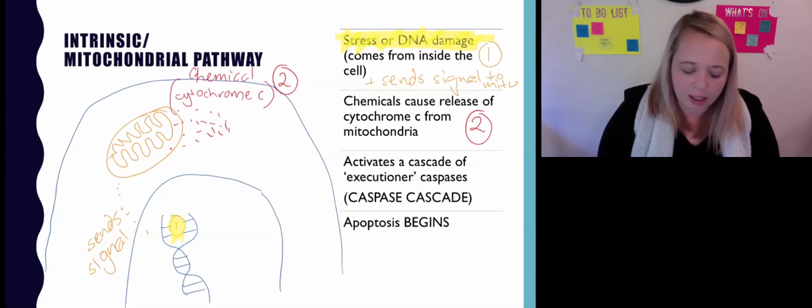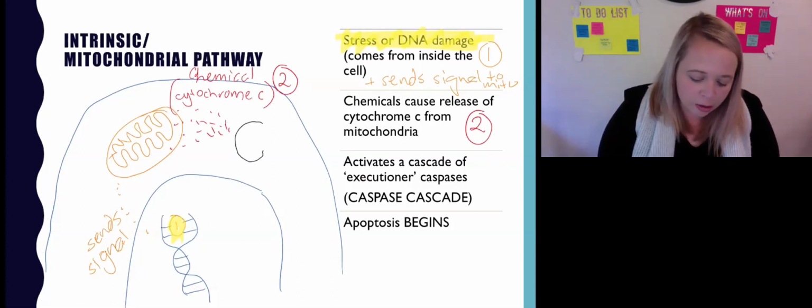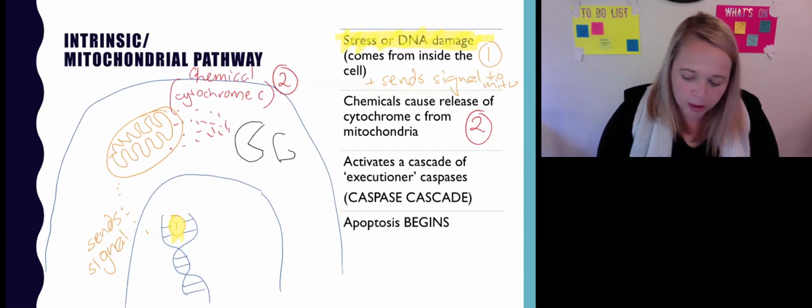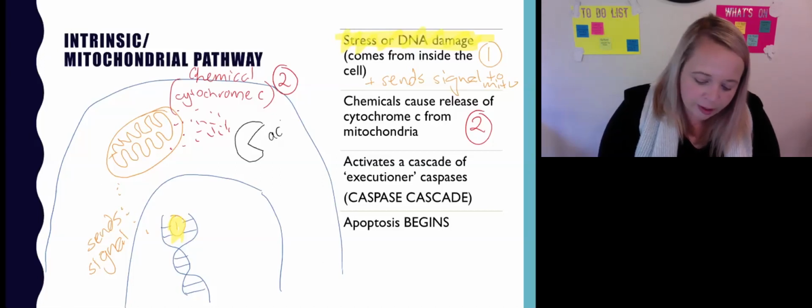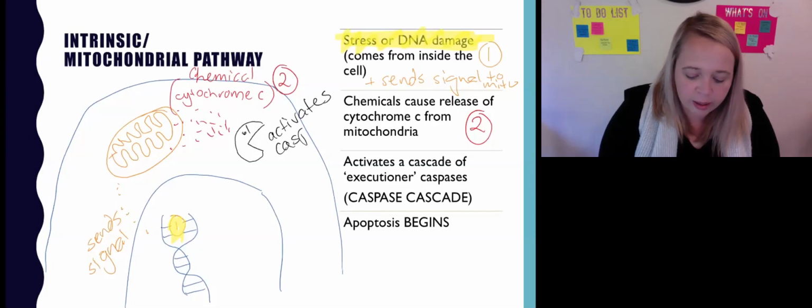And it activates these things that I like to draw like Pac-Man. I'm not drawing that one very well. Okay, so now it activates, I'm going to make them angry, these enzymes.